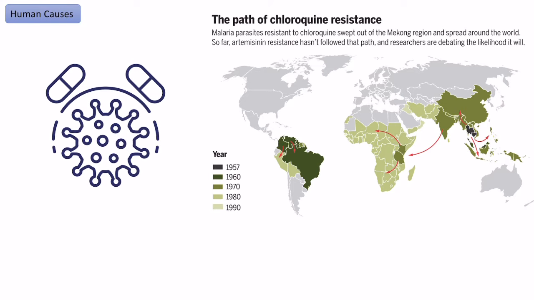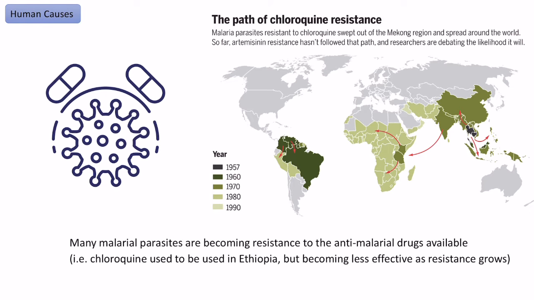The last thing to mention is that we have found drugs that are able to tackle malaria, but as we've continued to use them, the malaria parasites and the mosquitoes are becoming more resistant to them. An example is chloroquine. It used to be used in Ethiopia to tackle malaria and still is used to an extent, but it's become less effective.